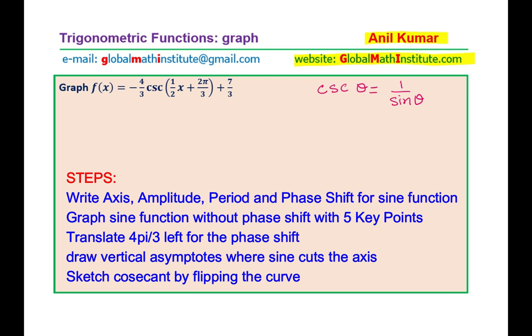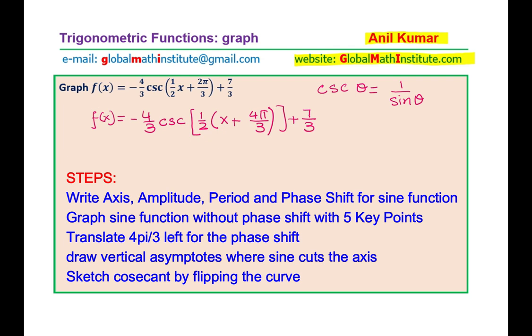Now, even before going there, we need to rewrite our function, which in this case should be minus 4 over 3 cosecant. Now, I use square brackets to factor out half, so it is half of what comes in the bracket: x plus, since you factor out half, it should be 4 pi by 3, correct? And here we have plus 7 over 3.